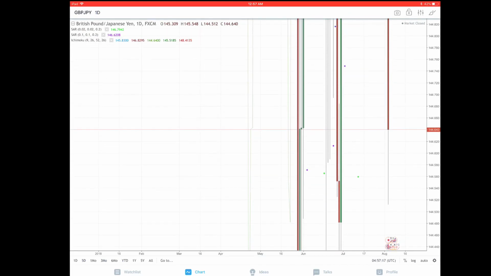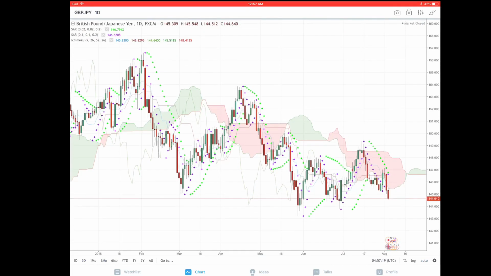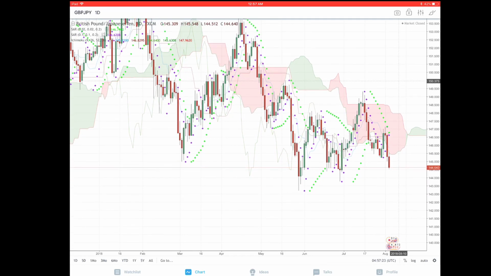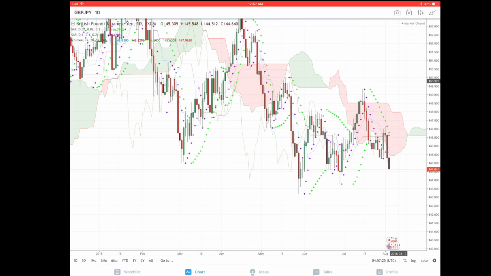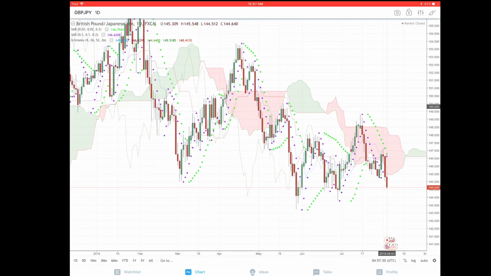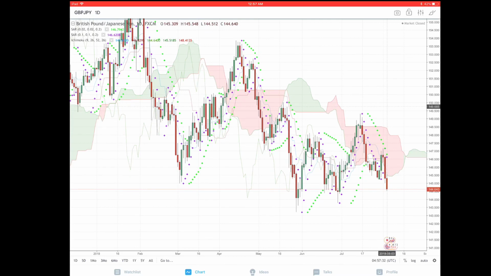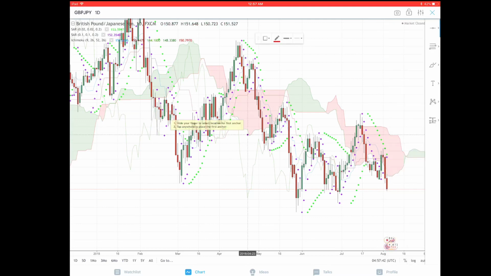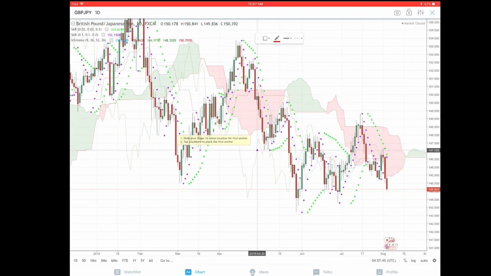But come all the way back up here to the daily. And what I want to show you guys is how to recognize areas that the price is going to react to. So in order to highlight areas of support and resistance, you can use basic horizontal lines.